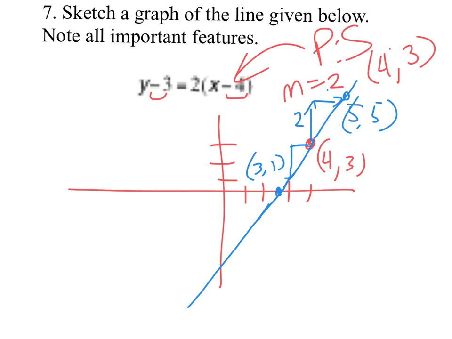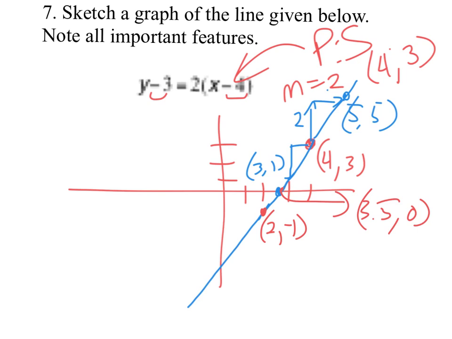My x-intercept is going to be somewhere between 3 and 4. In fact, if I get to my next point, which is 2, negative 1, by tracing backwards, I might notice this is really 3.5, 0, halfway between those two places.